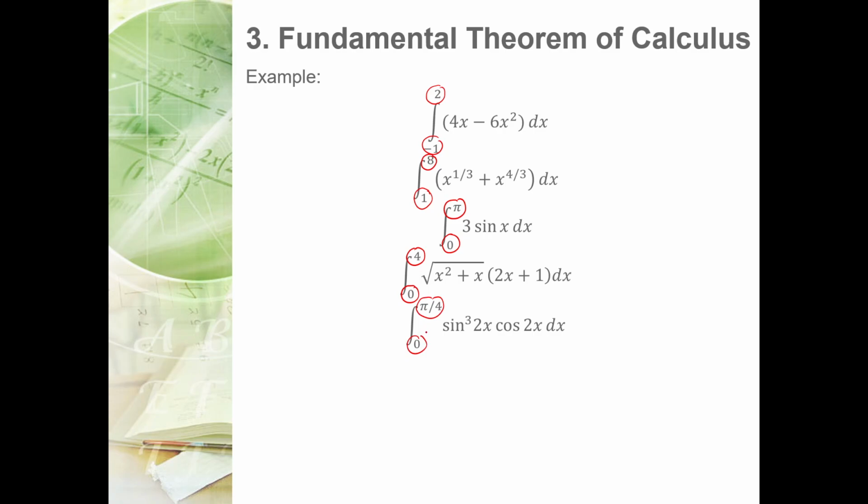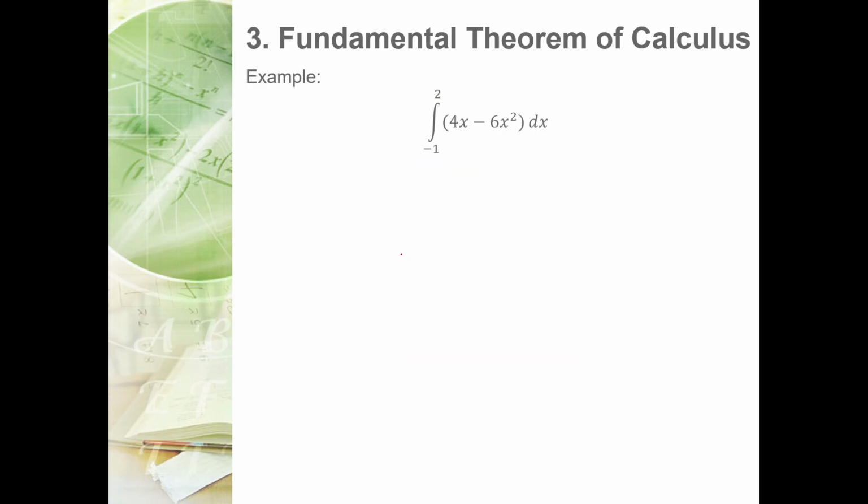What we need to do next is just apply the limits of integration. Okay, so starting off with the first number, again we just integrate first. I think you know how to integrate 4x and then negative 6x squared.